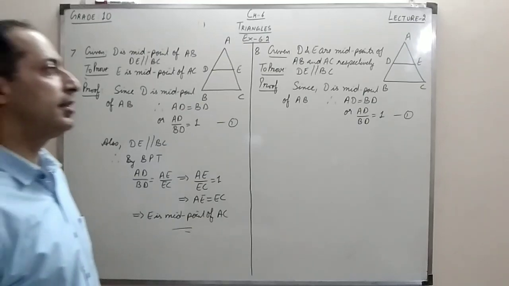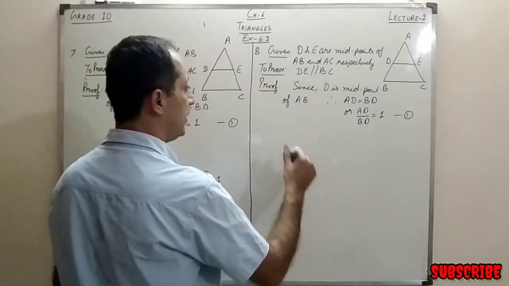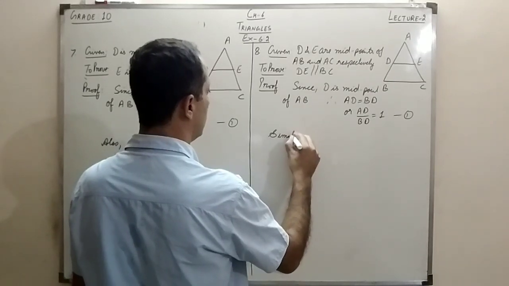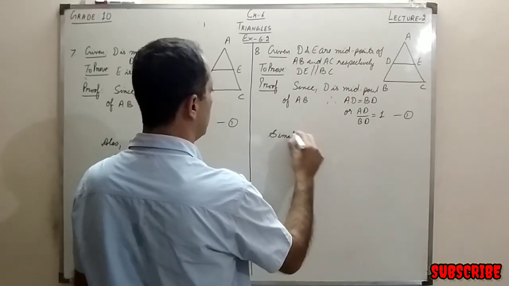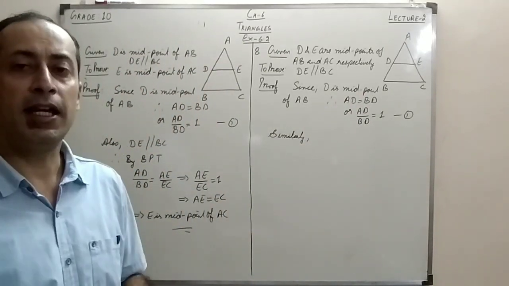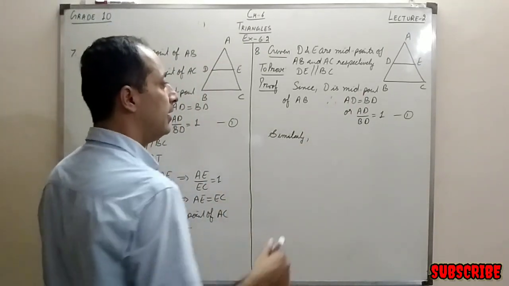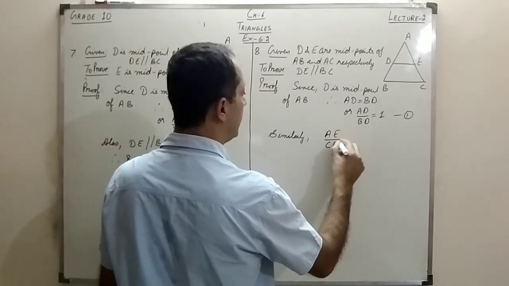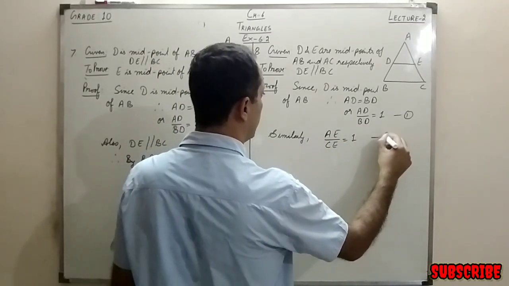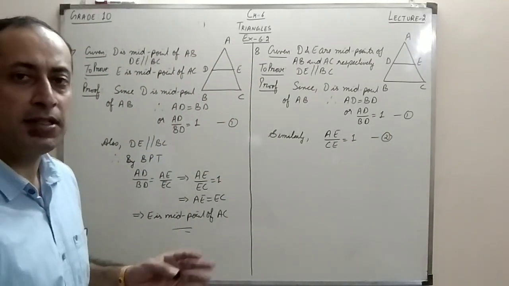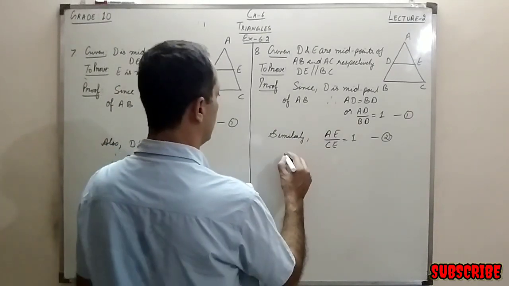Similarly, if I take the other side, if E is the midpoint of AC, then I can say AE is equal to CE. And what I get, AE by CE is equal to 1. Now if I compare 1 and 2, the right side of both first and second is same. It means the left side will be also same.